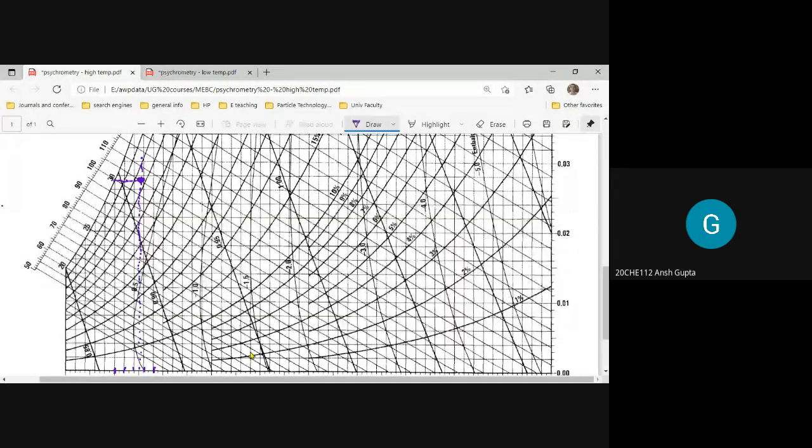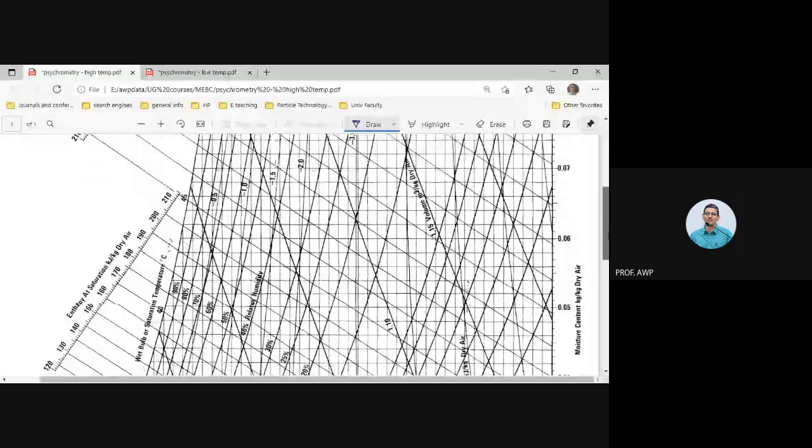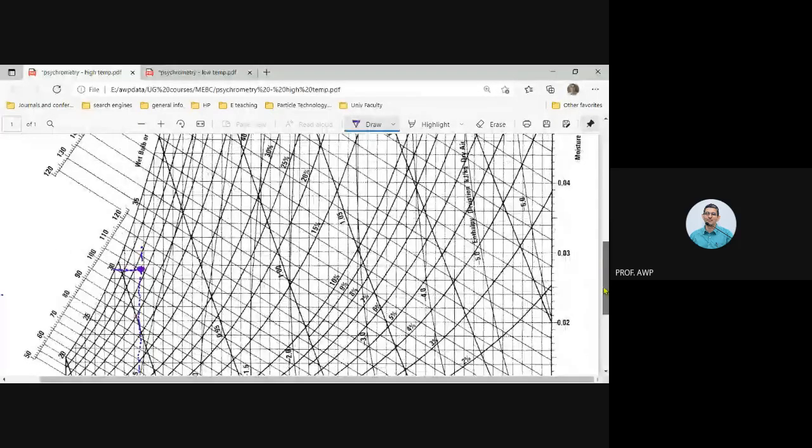Yes, sir. So the humidity, if you read from the right hand side y-axis, is in terms of kgs of water vapor per kg of dry air. Let's just check the units. Yes, it is kgs of water vapor per kg of dry air.